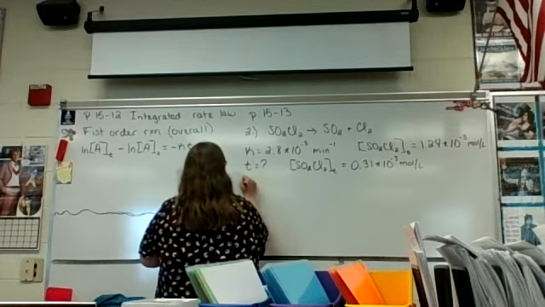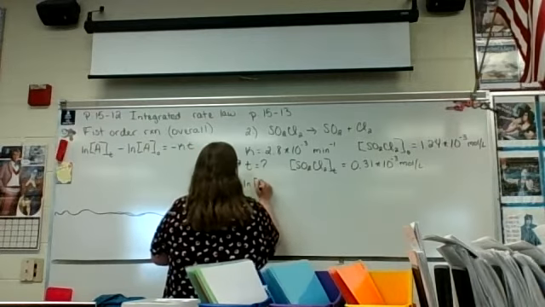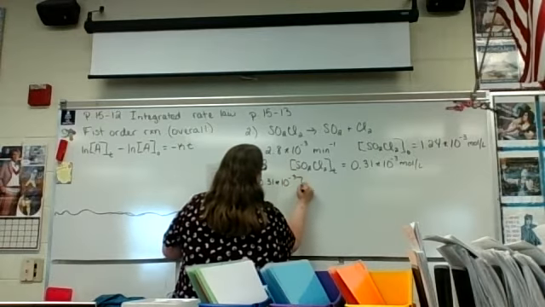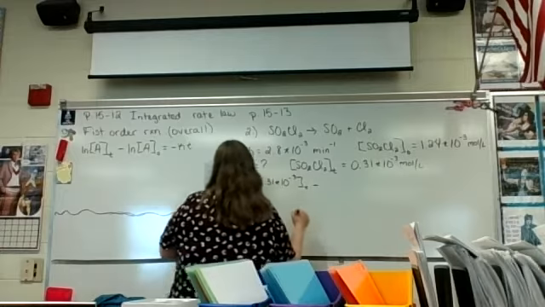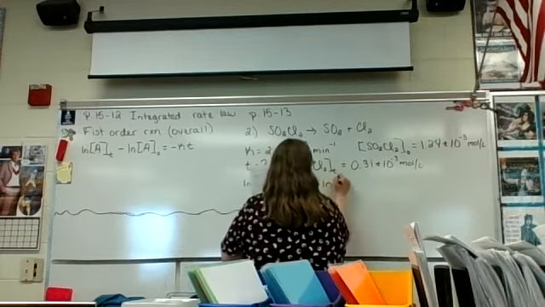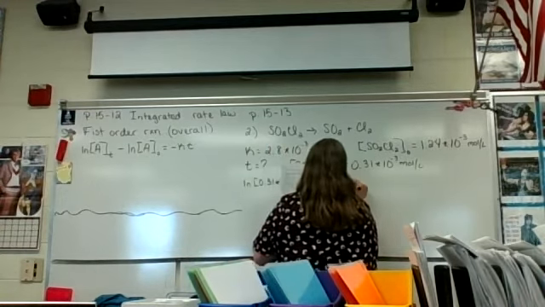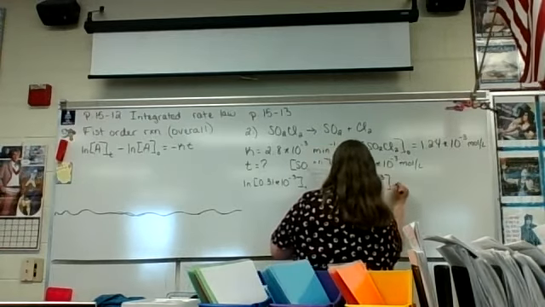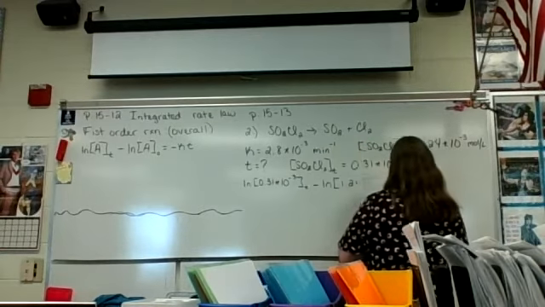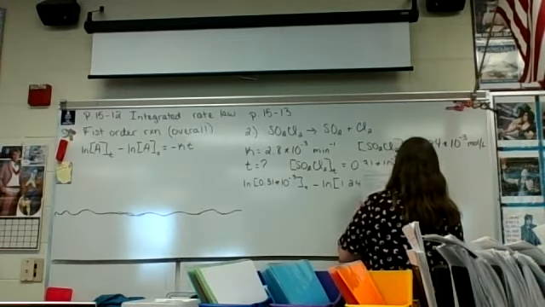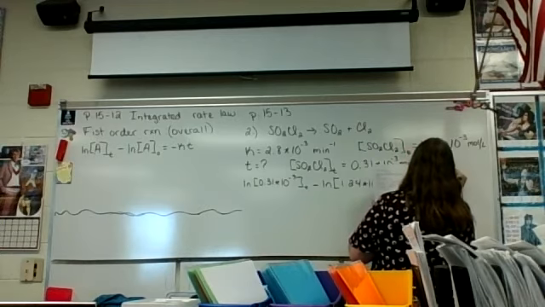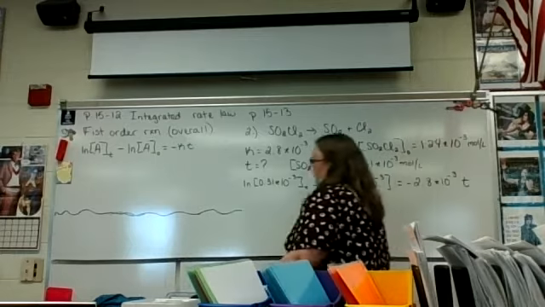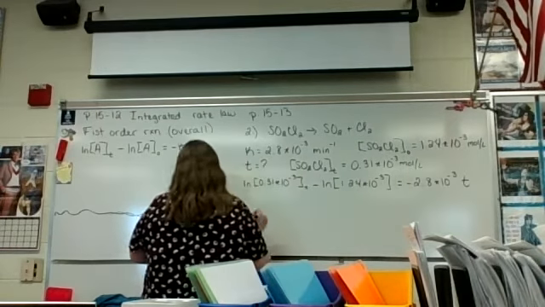So very easy. Natural log of 0.31 times 10 to the negative third at time t minus the natural log of 1.24 times 10 to the negative third equals negative 2.8 times 10 to the negative third times time t. You can plug in your numbers.